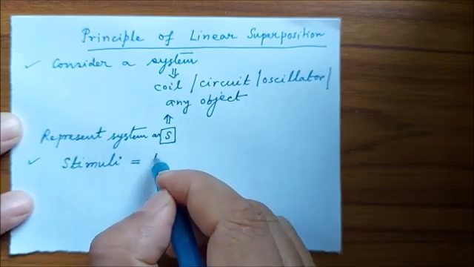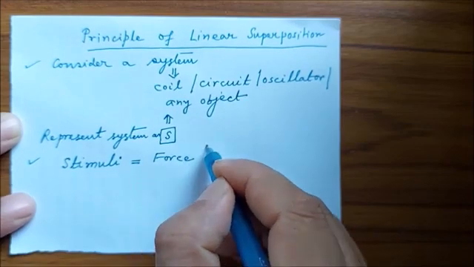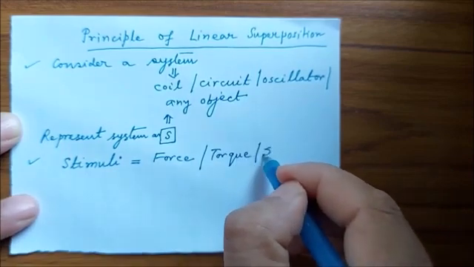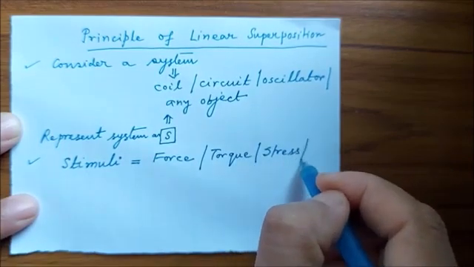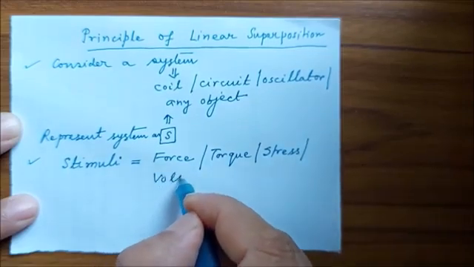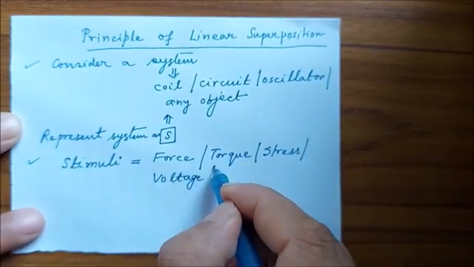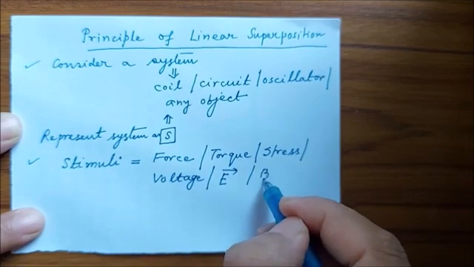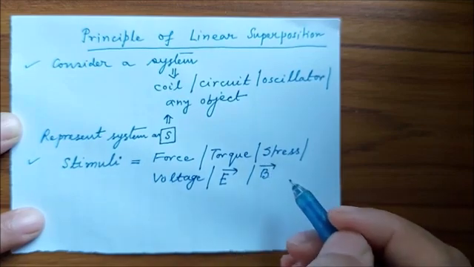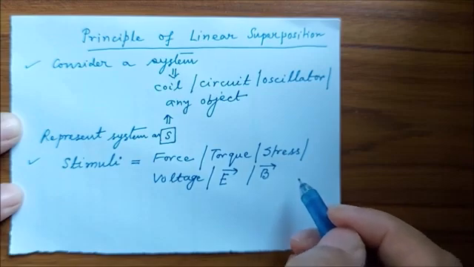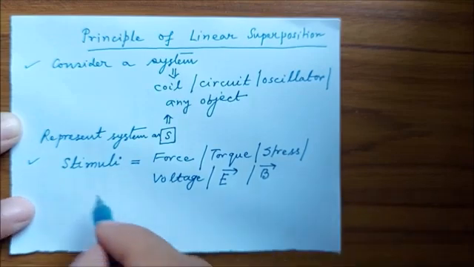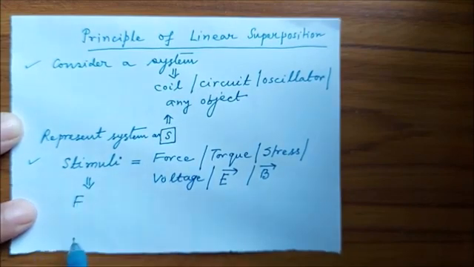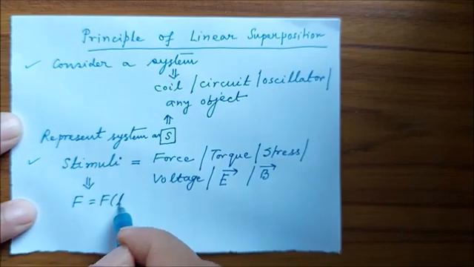It might be a force, it might be a torque, it might be a stress, or it might be an applied voltage, it might be an applied electric field, it might also be an applied magnetic field or magnetic induction, and so on and so forth. And let us represent the stimuli as f, which is a function of time t, say.